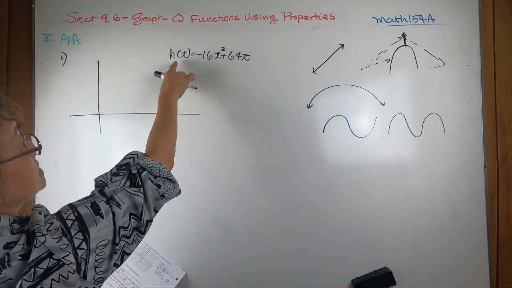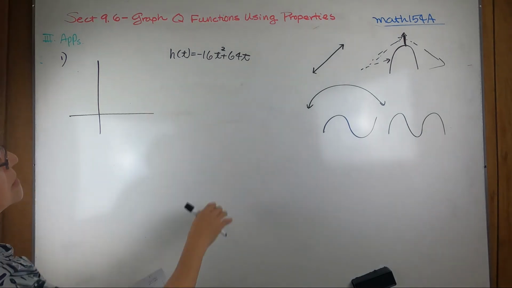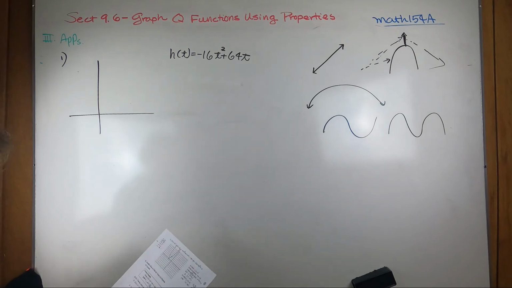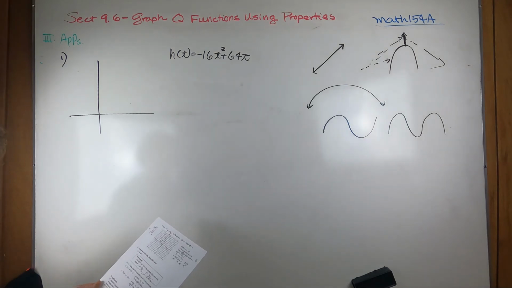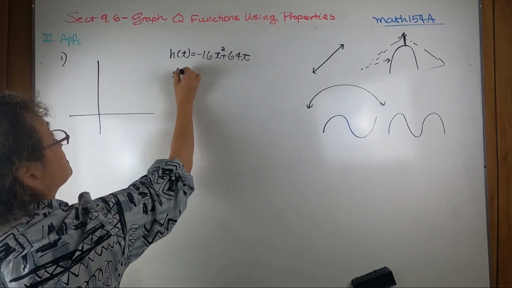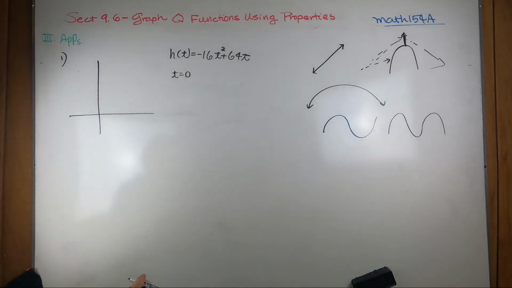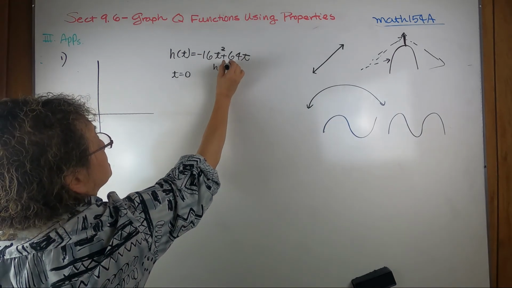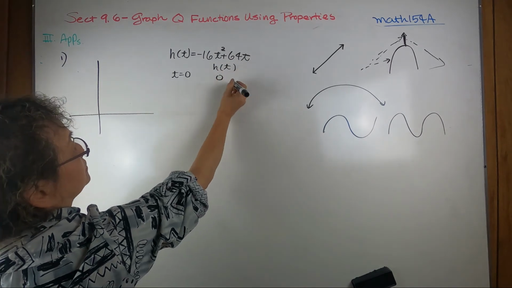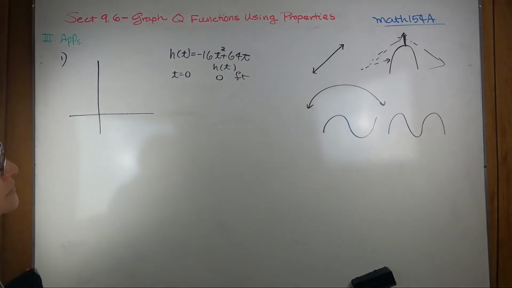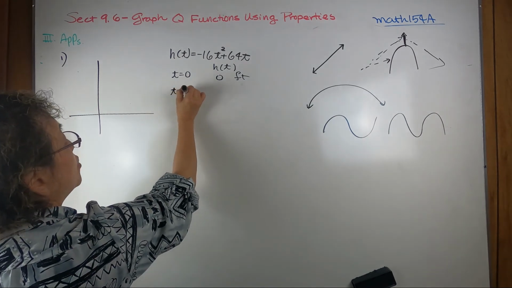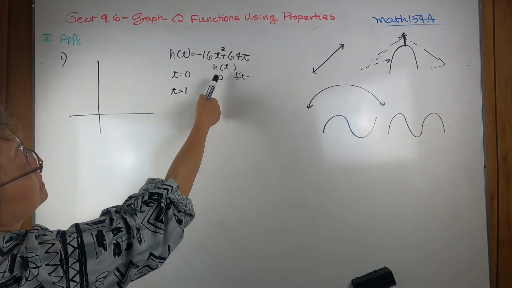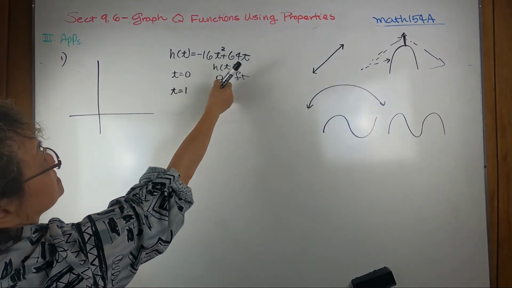So let's look at this function and see what it means. All right. So if we do the analysis, you put t equals 0. What will happen? Plug in. So h(t), the height, would be 0 feet. Right? Then if t is 1, you plug in, then negative 16.